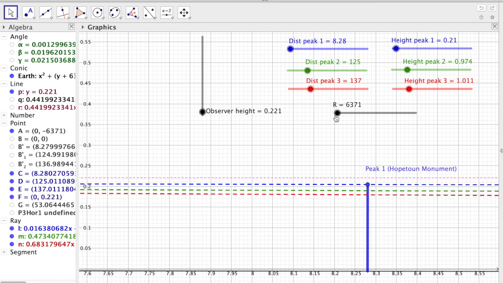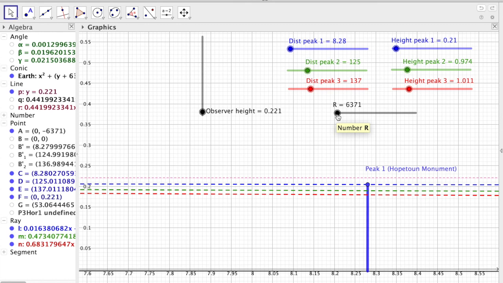So that's one thing. The other thing is, and we'll look at this a little bit more later, this is a purely geometrical model right now, but if we're going to take into account refraction, we can use the approximation that refraction has the effect of flattening, quote unquote, the Earth.